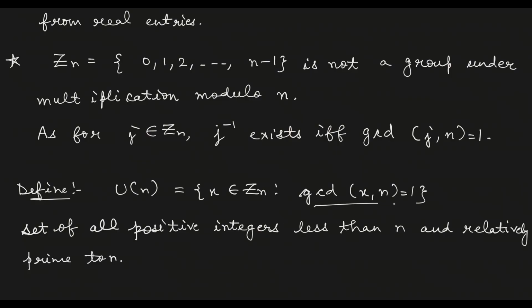This is the condition. If GCD of x and n is 1, it forms a group under multiplication modulo n.